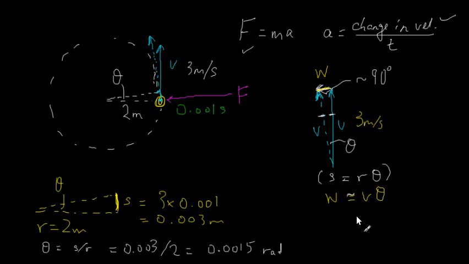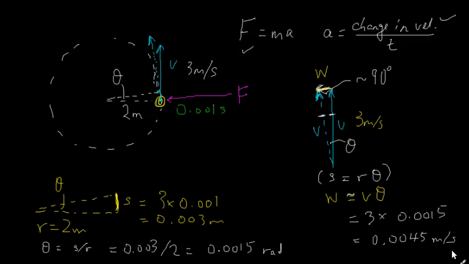Okay, so with this, I can now calculate the magnitude of W. I know v is 3, and I know the angle is 0.0015, and that gives me 0.0045 meter per second, because that's the change in velocity.